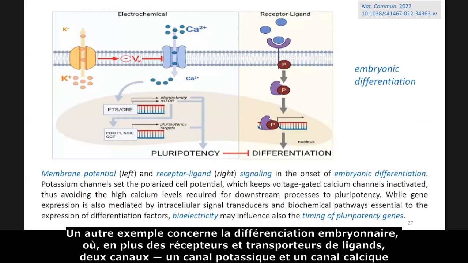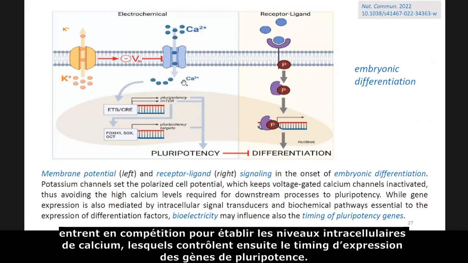Still another example concerns embryonic differentiation. Here, together with receptor ligand transporters, two channels, a potassium channel and a calcium channel, compete to establish the inside cell levels of calcium that downstream control the timing of pluripotency genes.